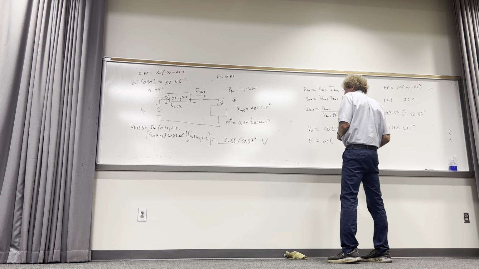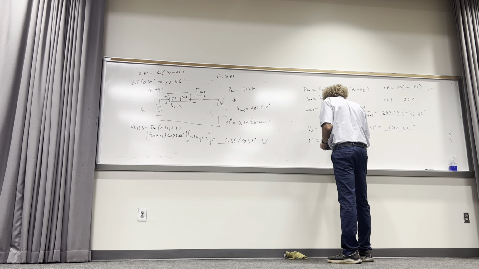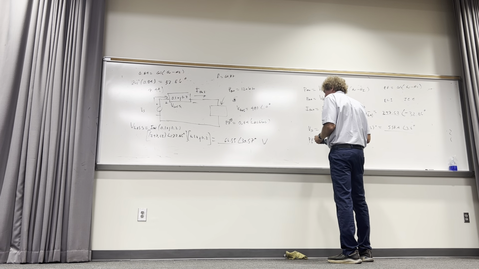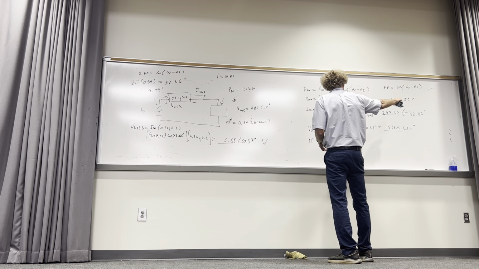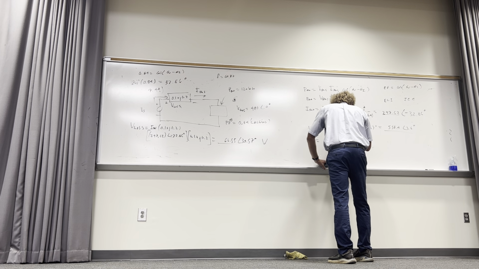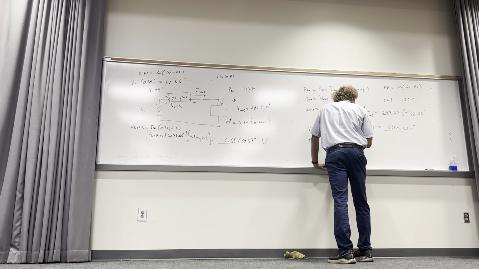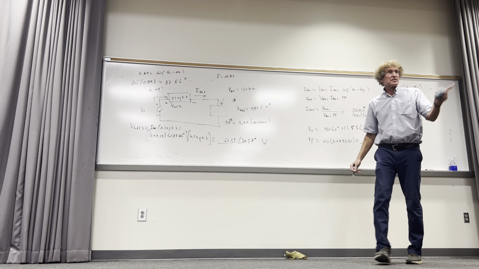So now it's the cosine of theta v, which is 3.6 degrees, minus theta i. Well, theta i is what? It's minus 32.86, so it's minus a minus, or plus 32.86. And what do you get for that power factor?